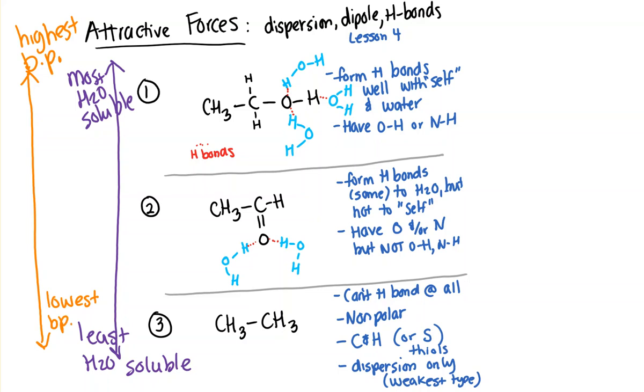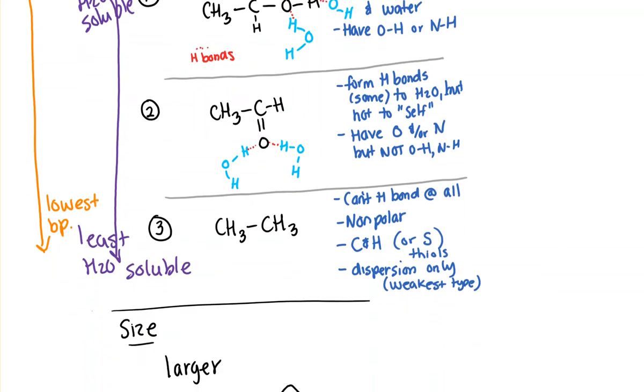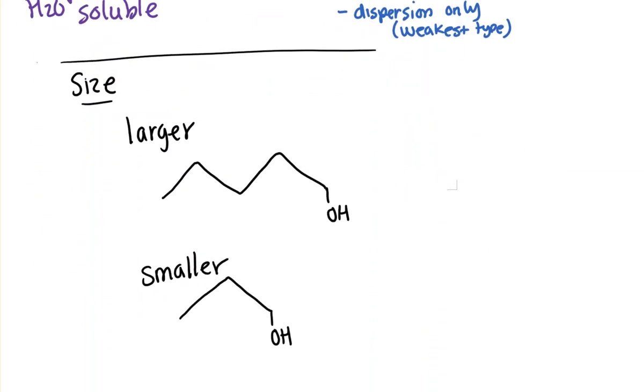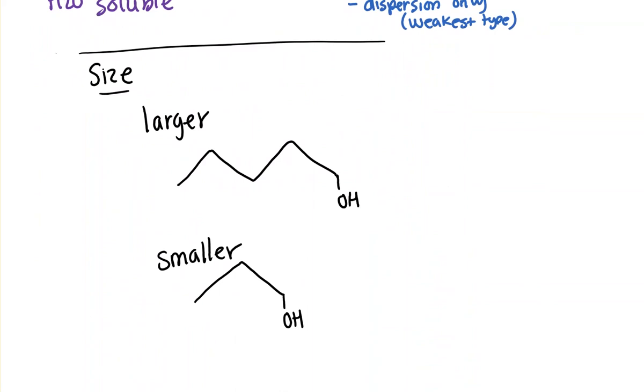Okay, so we have those trends for the families. If the size is approximately the same, these are the most important factors. If the size is not the same, then you have to consider how these factors are affected by size.